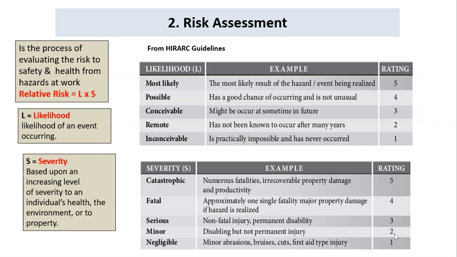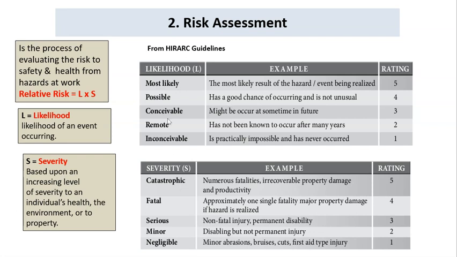And then 2, 3, 4: we can see 2 is disabling but not permanent, 3 can be disabling and permanent, and 4 involves 1 fatality. Okay, so these are the scale or rating for likelihood and severity.